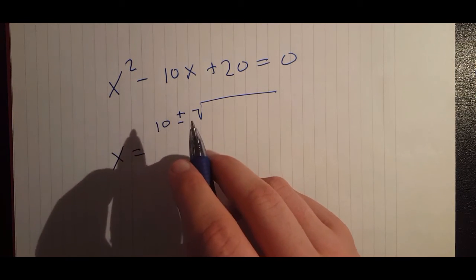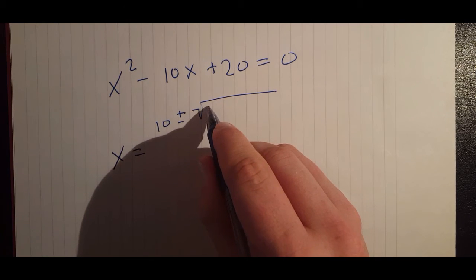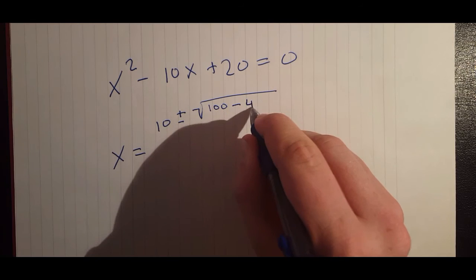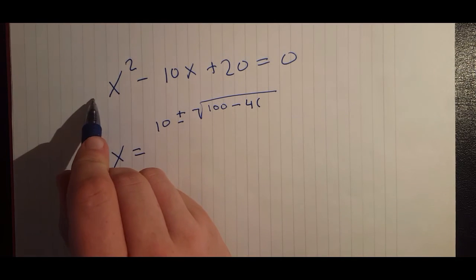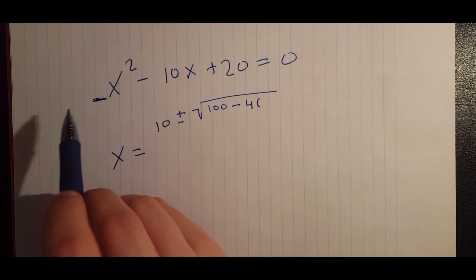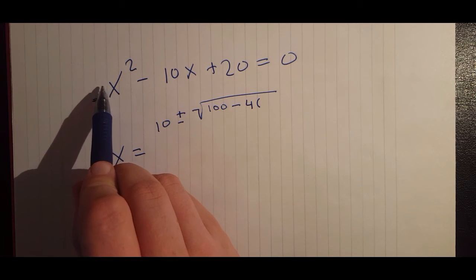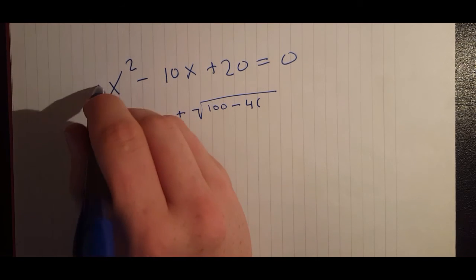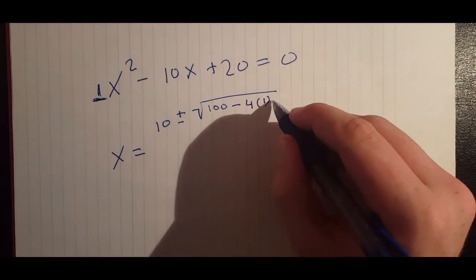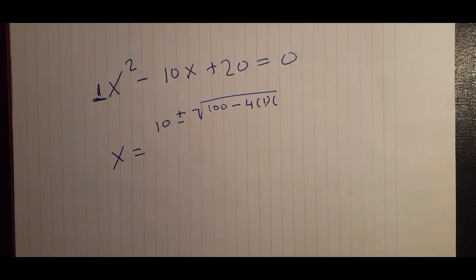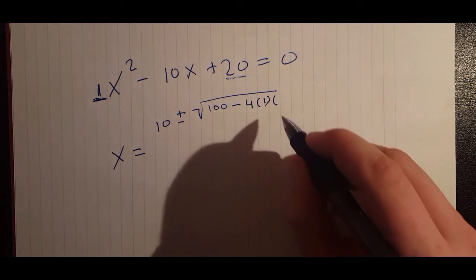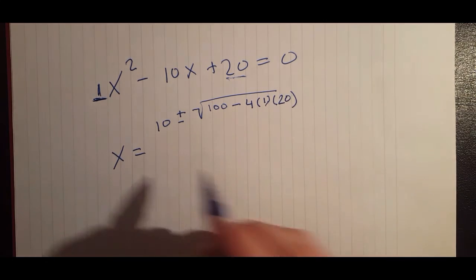Negative 10 times negative 10 is positive 100, minus 4a. A is determined by the number in front of this x, which is just 1 because it's 1x. So 4 times 1 times c, which would be this number here, 20.